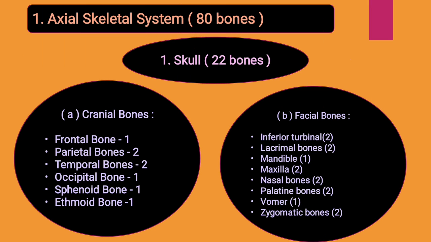In the axial skeletal system, the first one is the skull, which can be divided into two different types of bones: cranial bones and facial bones.